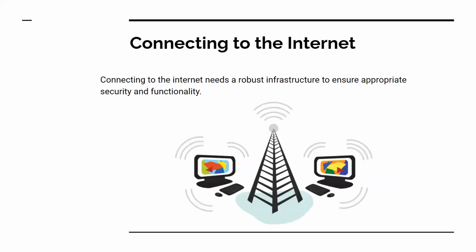Go ahead, next slide. So connecting your thin client, your thin manager, to the internet securely, there are a couple of different ways to do that. You're going to need a robust networking infrastructure with appropriate security measures. A couple of things we can do. Like I've said before, you can have a VPN, firewalls, and authentication and authorization.